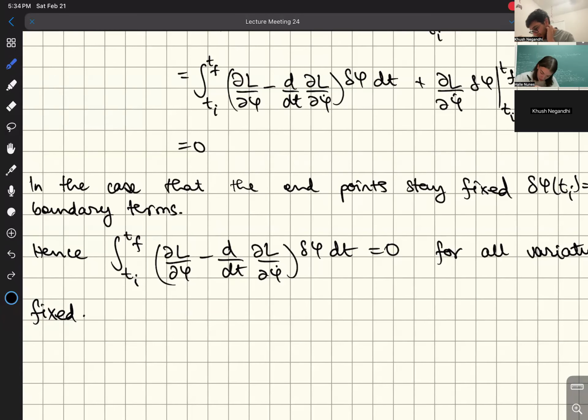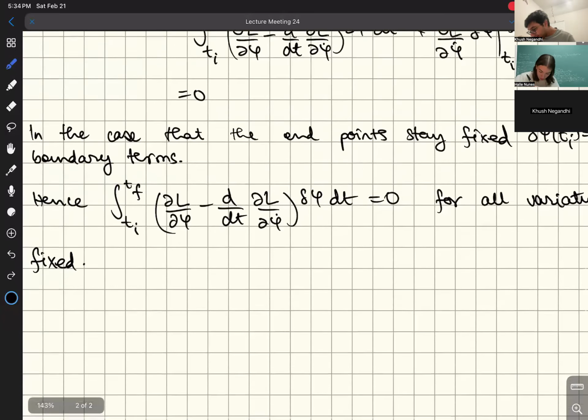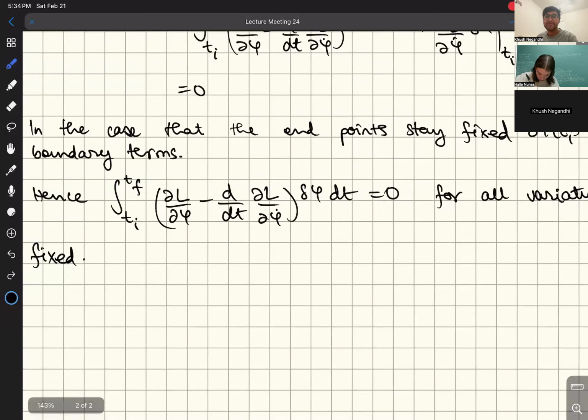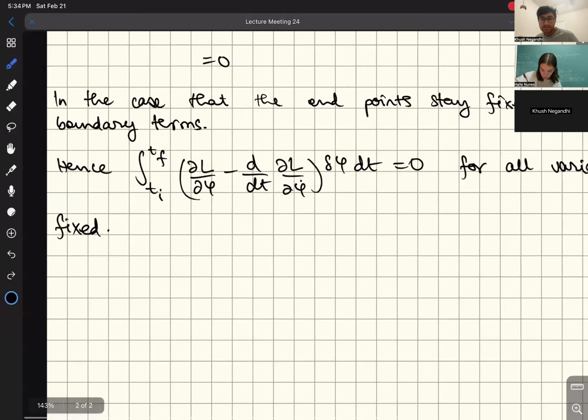But it is not a hard exercise to show that if phi is compactly supported and smooth, and the integral of phi times f equals zero for all such phi, then f must be zero. Okay, this is an exercise.